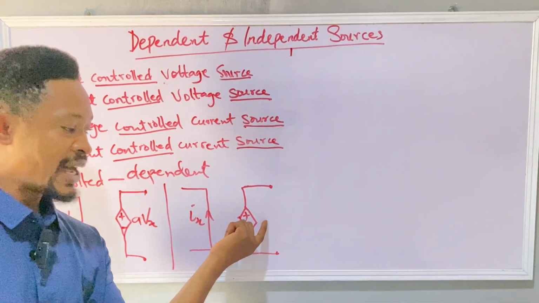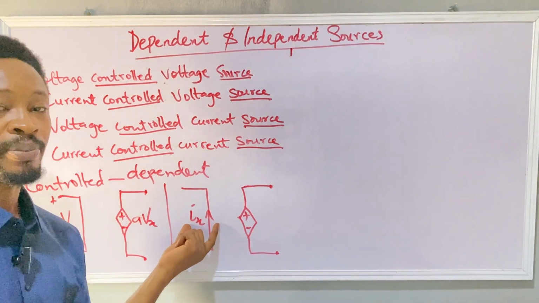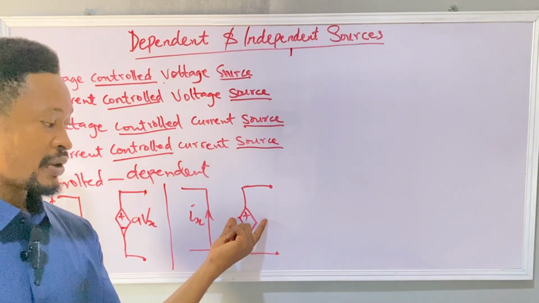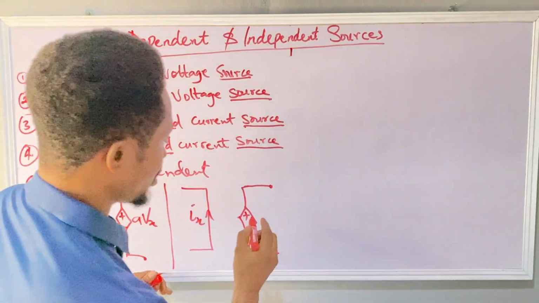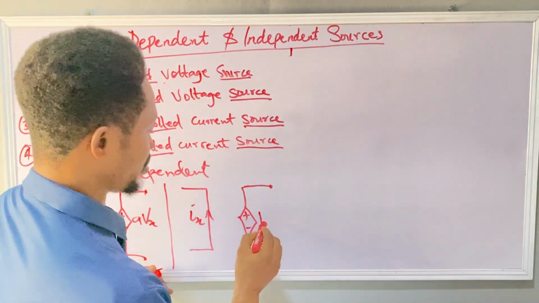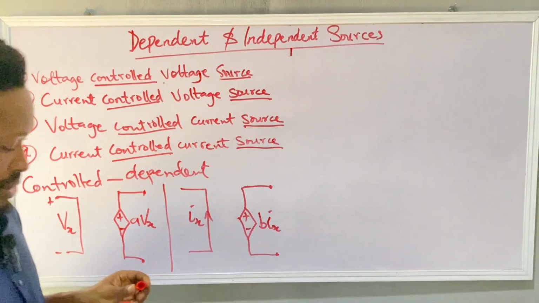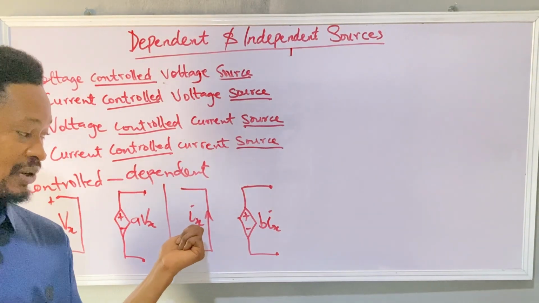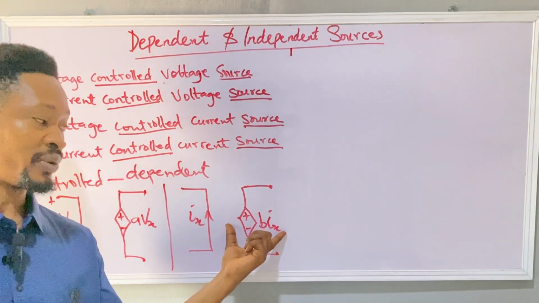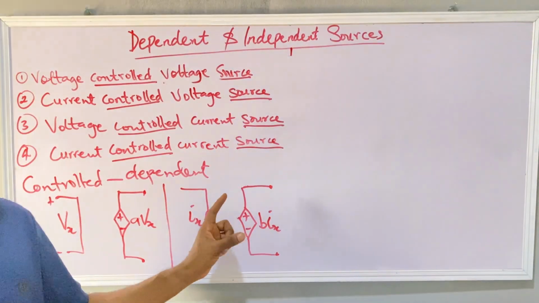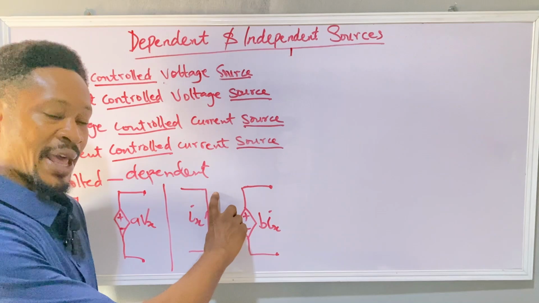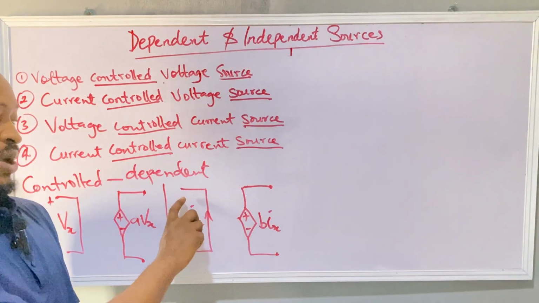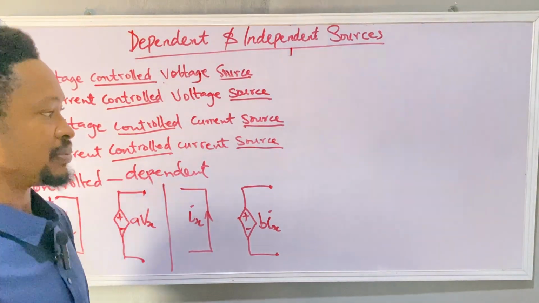It means the value of the voltage here is controlled by the value of this current. So if the value passing through it is B, we can say the value of the voltage will be BIx. So this voltage is depending on the value of this current. Whatever the value of this current is, it's going to affect the value of this voltage. So this is a voltage source that is being controlled by a current somewhere, or you can say a voltage source that is depending on another current.